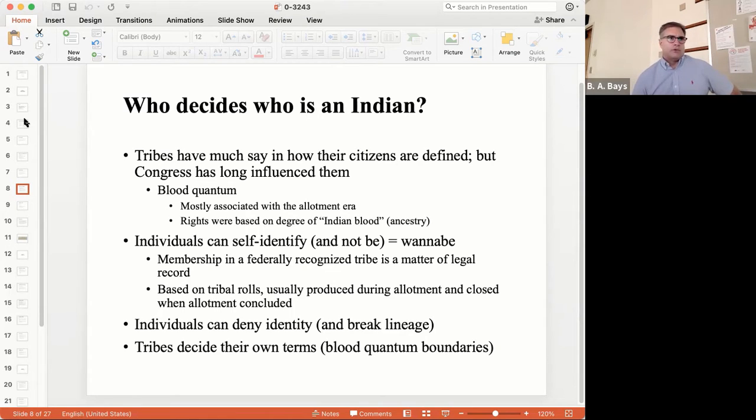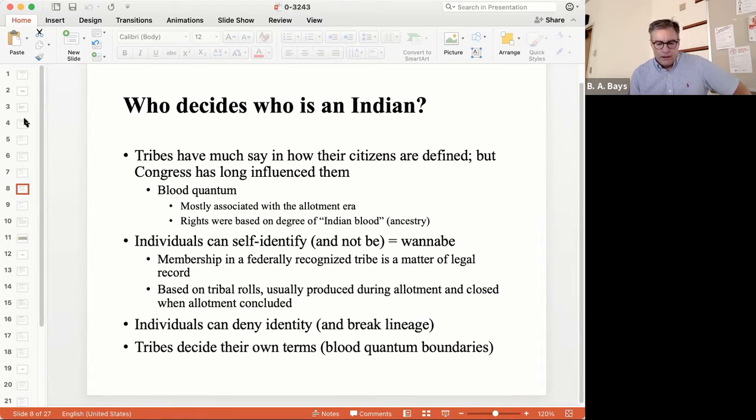For example, I guess I should mention blood quantum too. The term blood quantum is really associated with the allotment era, although it was maybe around before that.